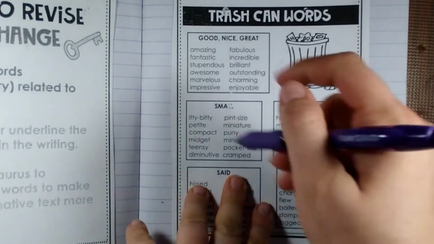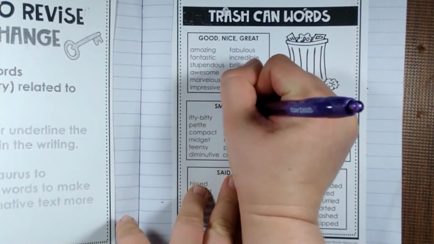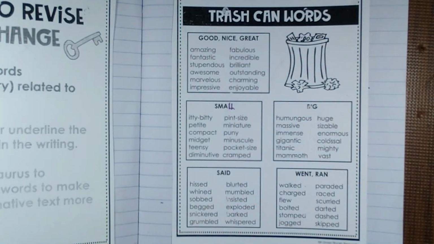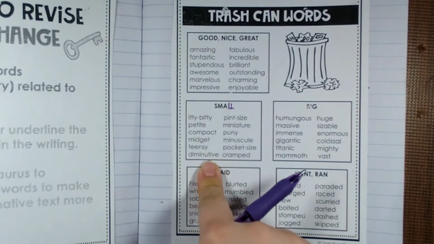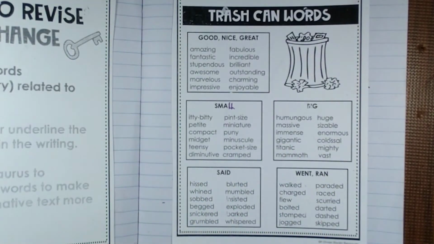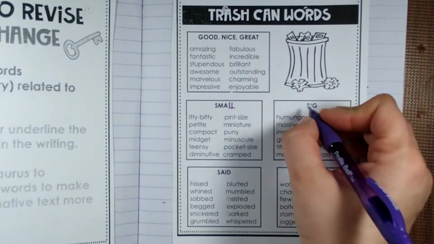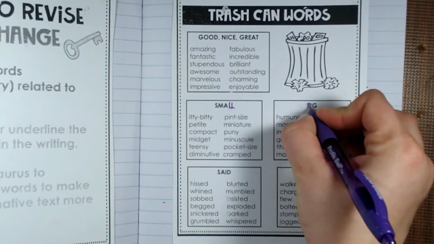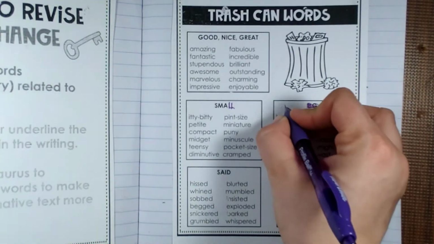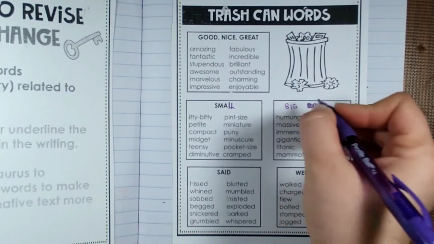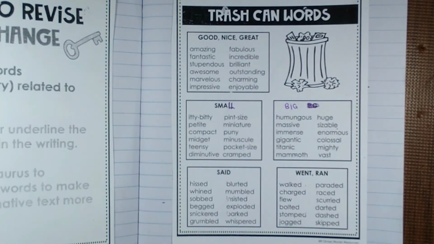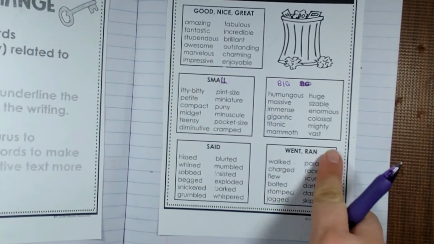Instead of small, this is small, did not print right. Itty bitty, petite, compact, diminutive, look at that one, miniature, minuscule, a bunch of different words. Then we have words for said, depending on how they said it, big, oops, I'm going to write big here, okay, mammoth, immensive, gigantic, colossal, and then went or ran, ways that you could go.